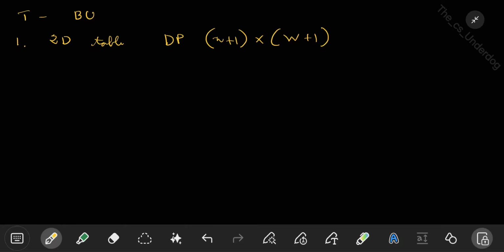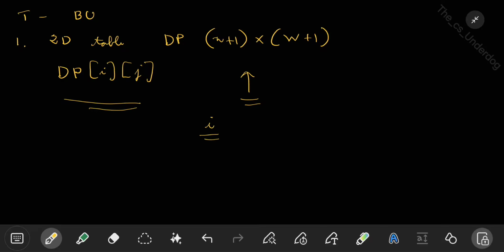Then what are you going to do? Let us understand what this table represents. Let us take one particular element of this table, dp of i j. What is the meaning of this element? Any particular element, dp of i j, will represent the maximum value that can be obtained by using the first i items that are provided if the capacity of the knapsack is j.